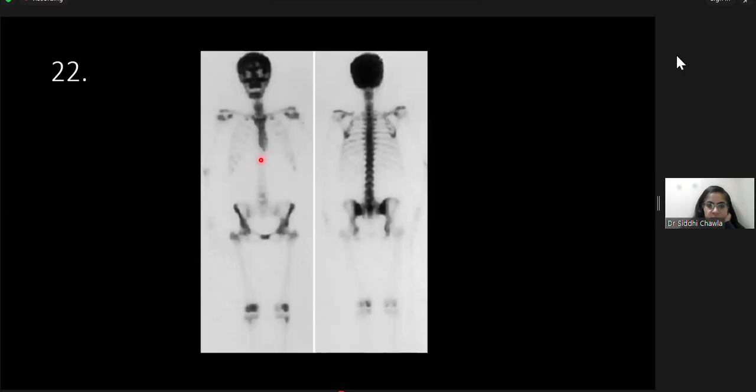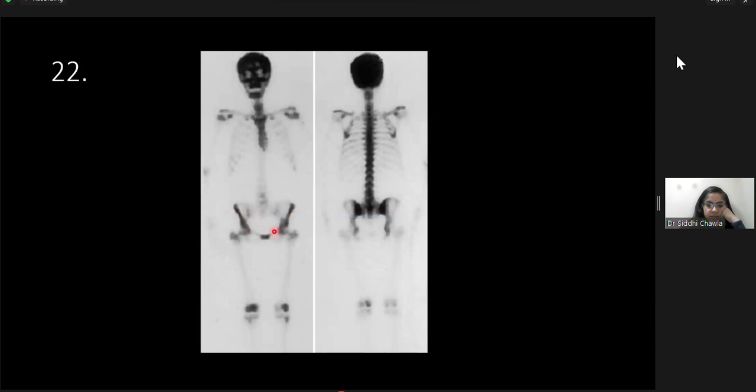In this case, you are not able to see the kidneys. Why? Because the entire tracer that we had given to the patient has gone to the bones, to the lesions within the bone. So what are the lesions?